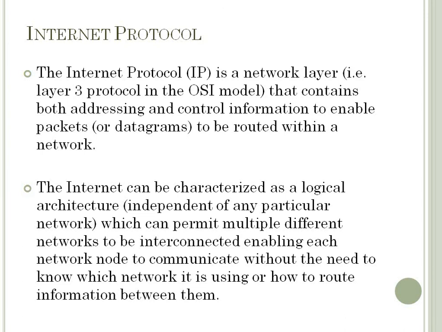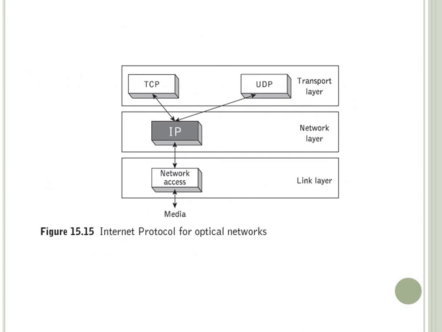So, as shown in this figure, the Internet Protocol provides the means of communication between the link and the transport layers. A virtual connection is established between nodes requiring communication when Internet protocol is combined with a specific higher level protocol such as the transmission control protocol or the user datagram protocol.